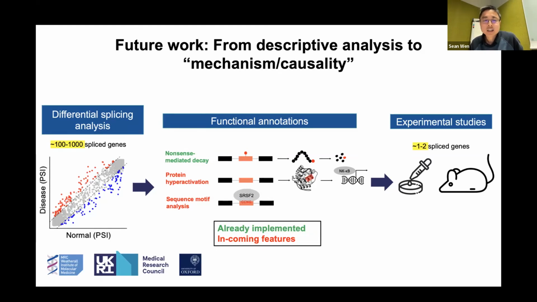These are things that I'm working on at the moment. And if you'd like to lend a hand, don't hesitate to reach out. So the goal is really to get from many candidate genes at the beginning, to filter down based on functional annotation to a set of smaller genes or isoforms that we can validate in the lab.